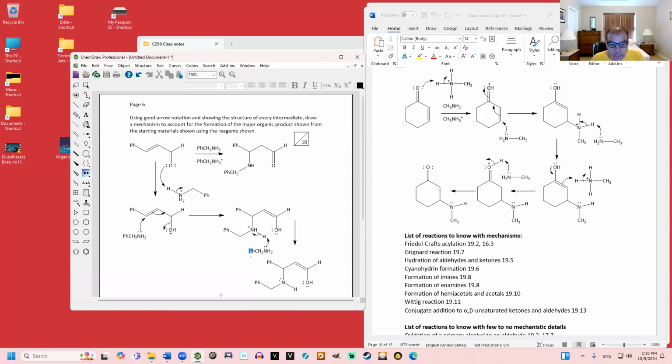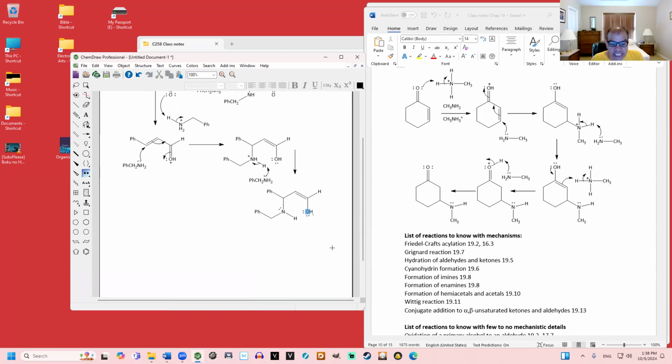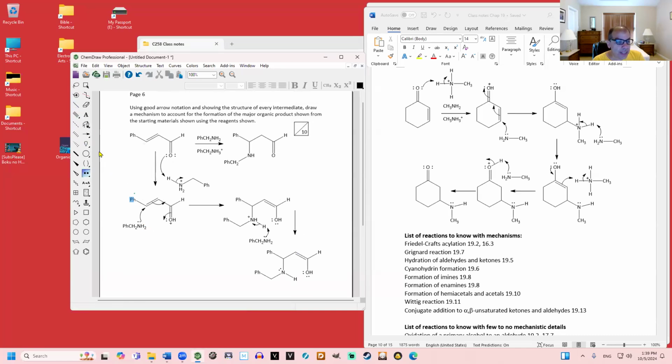That gives us this intermediate over here. And now this type of species that we get is known as an enol. We will learn more about enols in chapter 22. What we'll learn is that in almost all cases, enols are pretty unstable, and they tend to isomerize by a process known as tautomerization to the so-called keto form, that instead of a carbon-carbon double bond, has a more stable carbon-oxygen double bond. And the way that's done is in two steps.